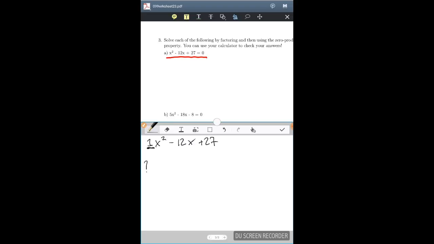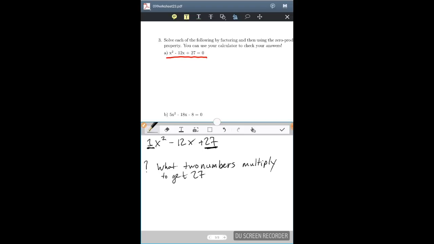So, okay, what do we do? Well, we ask ourselves a few questions. Question number 1: what two numbers will multiply to get 27?